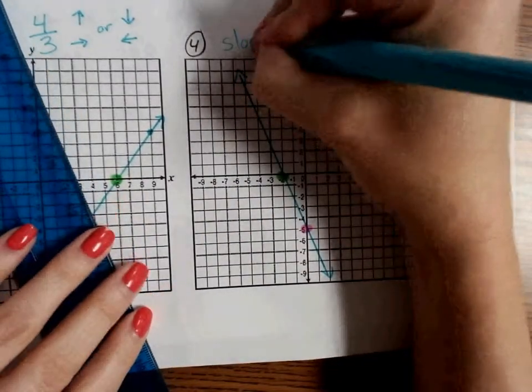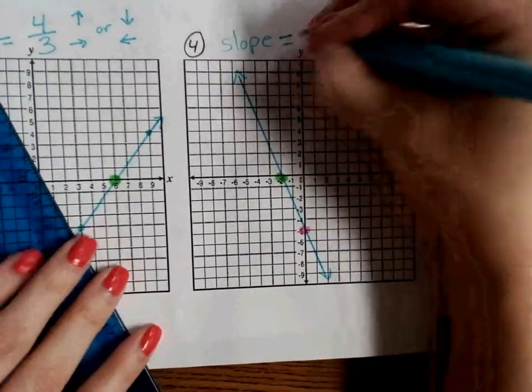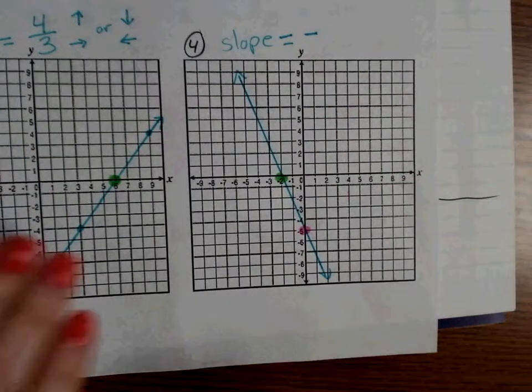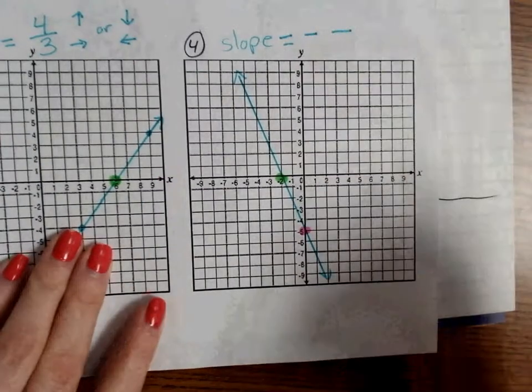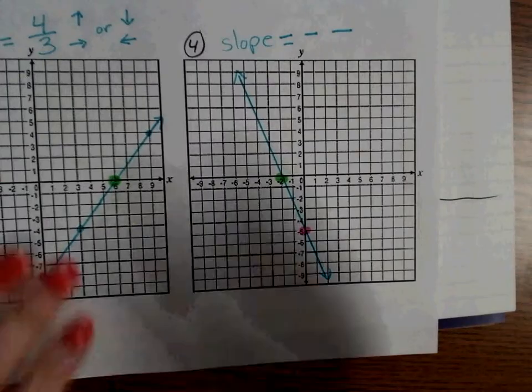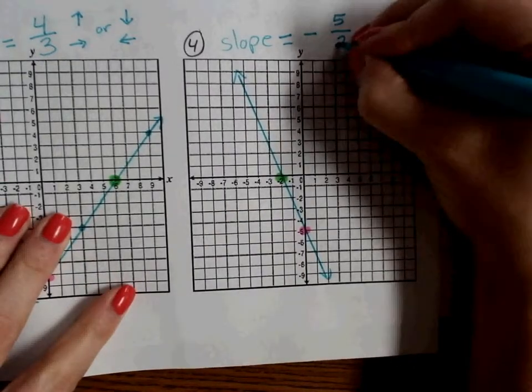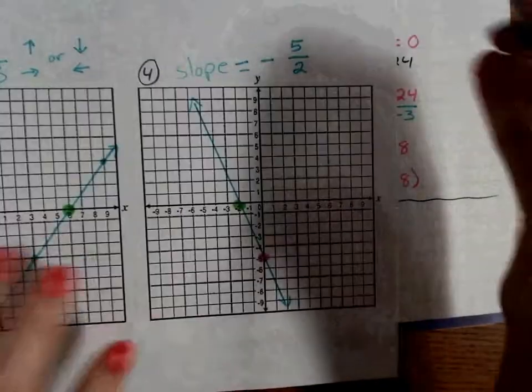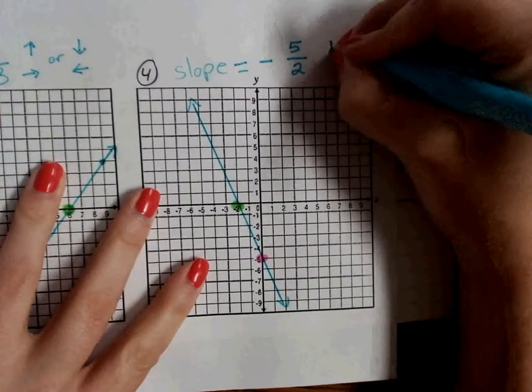And who can raise their hand and tell me what is the slope? First of all, is it a positive or negative? Negative. So I'm going to right off the bat write a negative for my slope. And then what is the actual value for the slope? Heaven? Not over 1. Grant? -5 over 2. Right? -5 over 2.